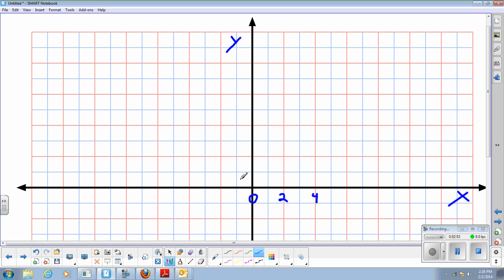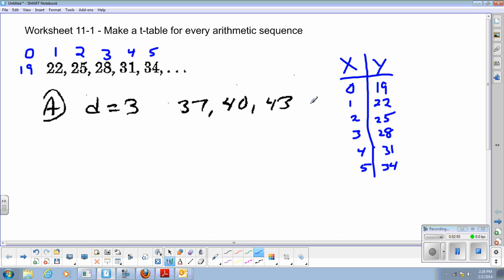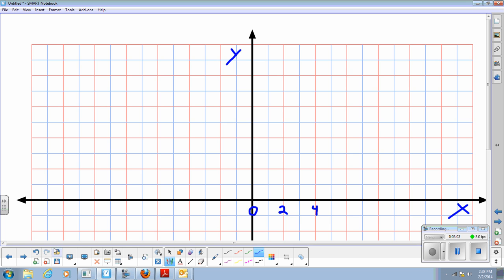Now let's look at the y-axis. Our lowest number is 19, and we're counting by threes. Since it's always counting by the exact same amount, I can do that on the y-axis also. And since 19, if I'm counting by ones, would be way off my picture here, we'll just start with our first line and say that's 19.